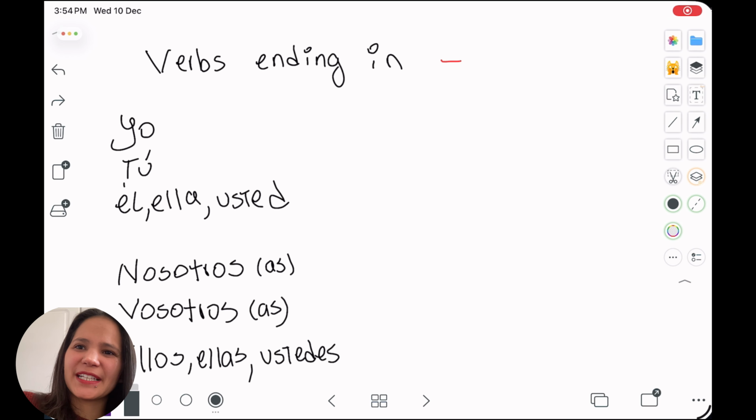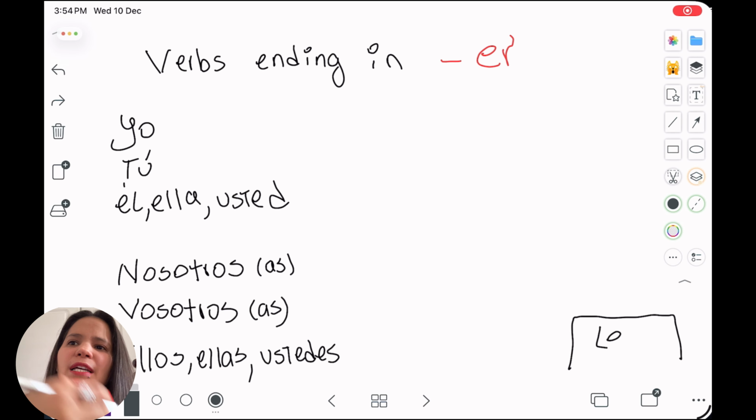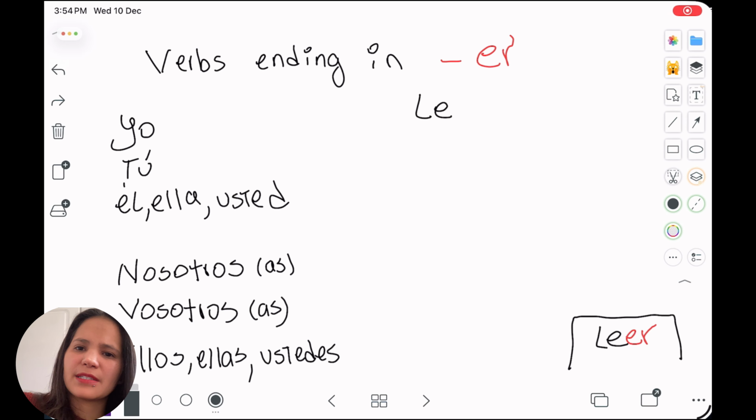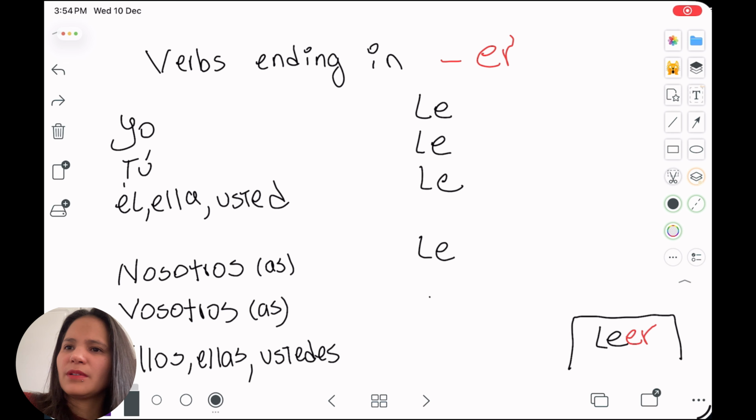Now let's learn our second group, which is verbs ending in ER. We have our personal pronouns, and now let's take the verb leer. We replace the ending with the following endings.